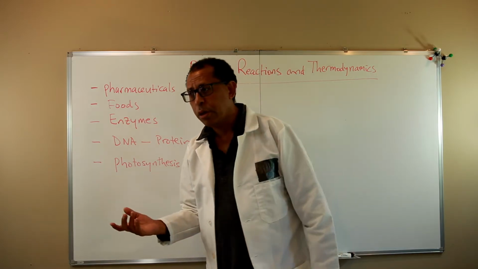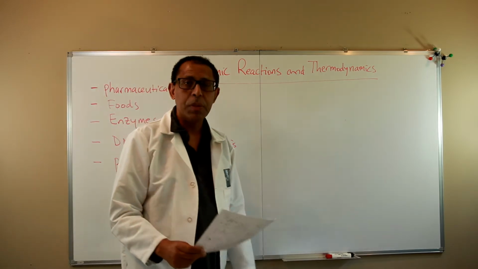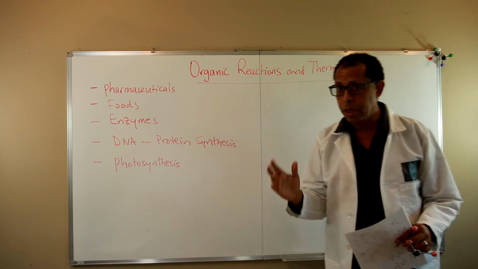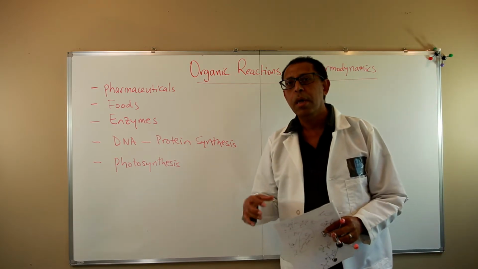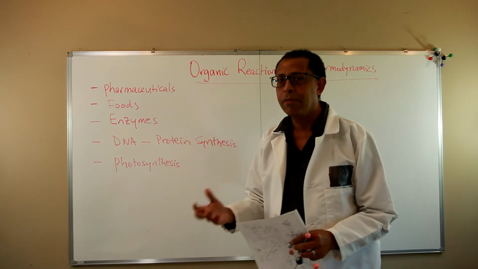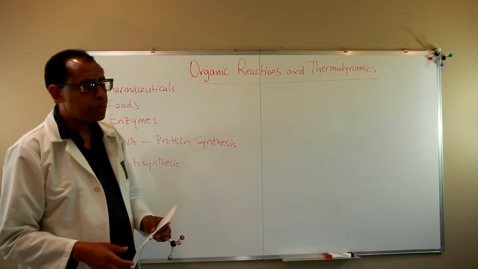So we started in lecture 1 by studying structure and bonding, which mainly has hybridizations, resonance structures, drawing different resonance structures, and identifying the hybridization of carbons.